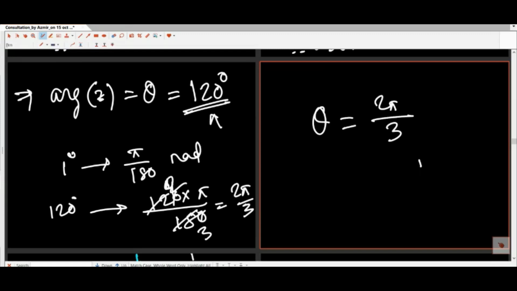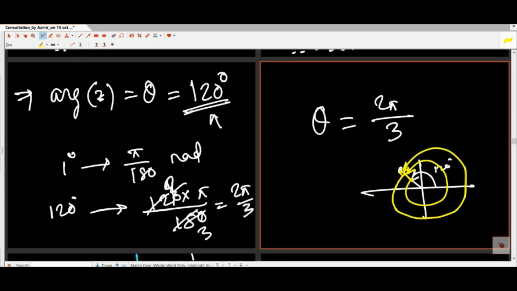That means our point is here. So this angle is 120 degree, that is 2 pi over 3. I hope you can remember that the argument can take several values. If we add again 2 pi, we will get the same line. If we add again 2 pi, that is total 4 pi, we will get the same line.